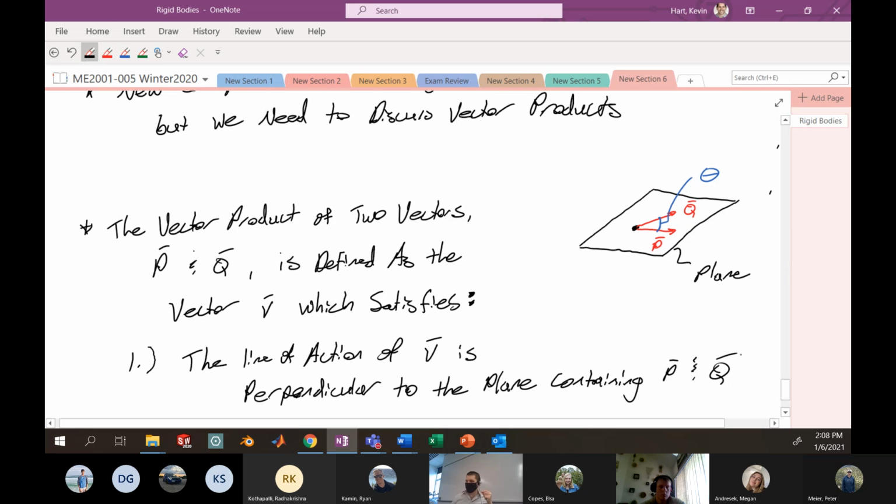After we execute the cross product between P and Q, there will be a resulting vector, and that vector will be perpendicular to the plane containing P and Q. That's step number one.